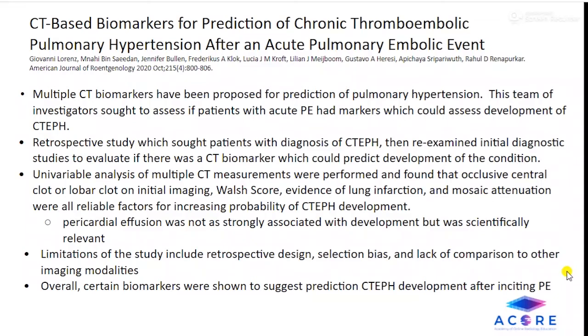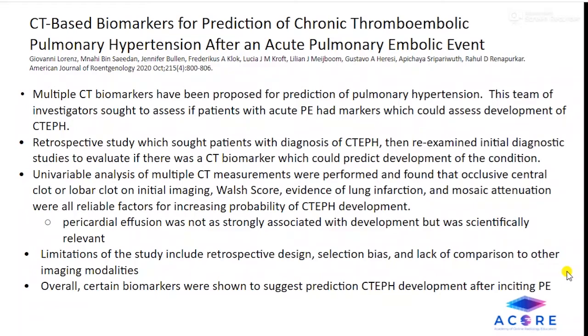Univariable analysis of these markers was then performed, and multiple factors were shown to increase the probability of chronic thromboembolic pulmonary hypertension development. Occlusive central or lobar clot on initial imaging, the Walsh score, evidence of lung infarction, and mosaic attenuation were all found to be associated with future chronic thromboembolic pulmonary hypertension development, with a p-value of 0.001.